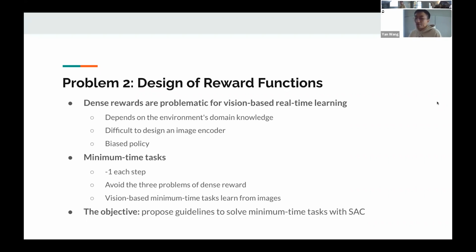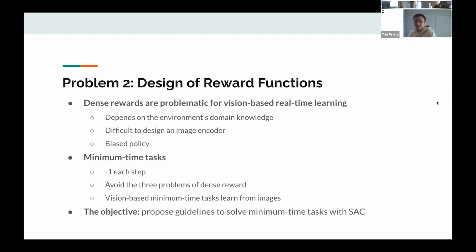For tasks where we want to reach the goal state as soon as possible, there is a simpler alternative to dense rewards. That is, the reward can be a negative constant number, like -1 for each step. We call them minimum time tasks.